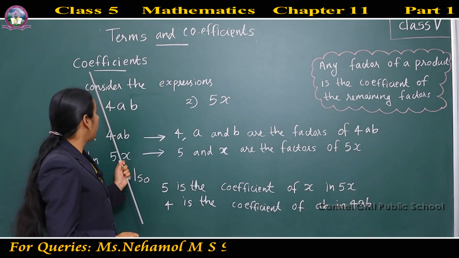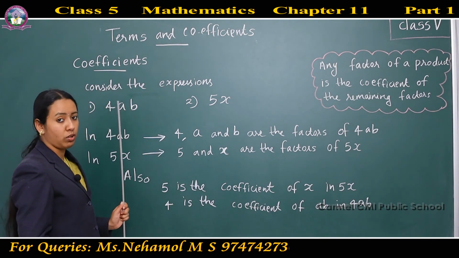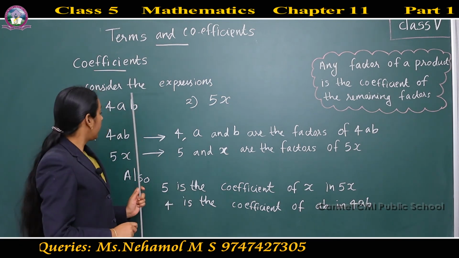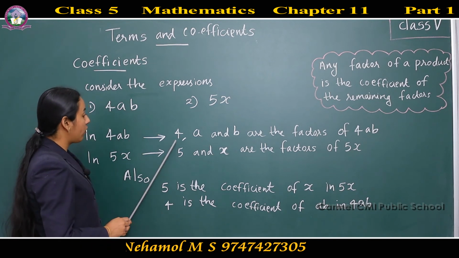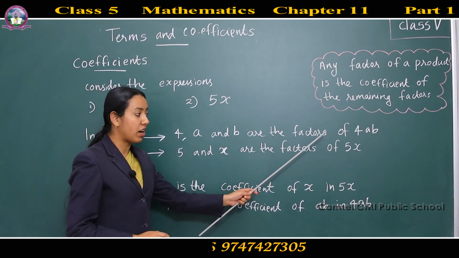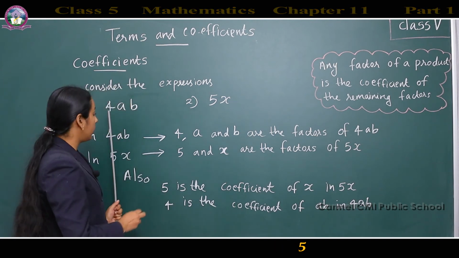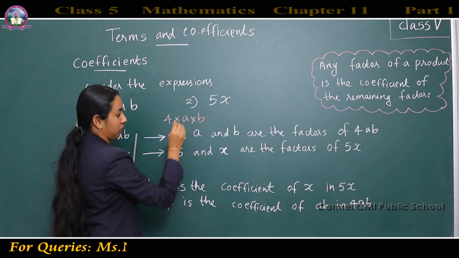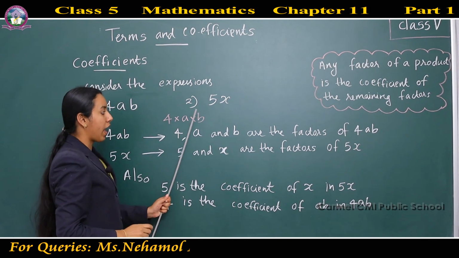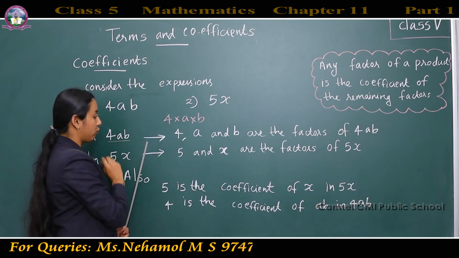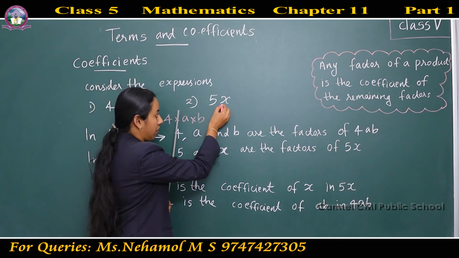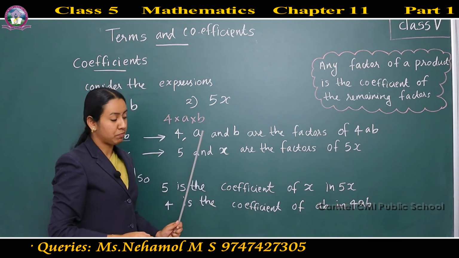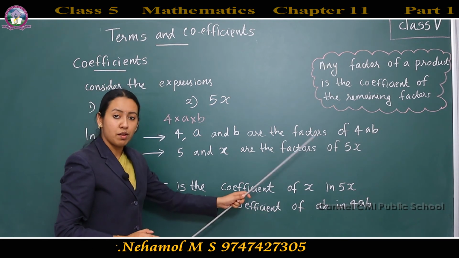Next topic, coefficients. Consider the following expressions. First one, 4ab. Second one, 5x. In 4ab, 4, a and b are the factors of 4ab. We know that 4ab means it is 4 into a into b. Similarly, in 5x, 5 and x are the factors of 5x.